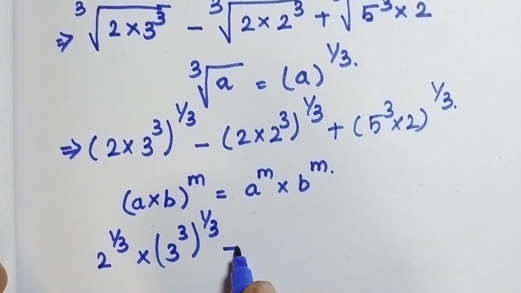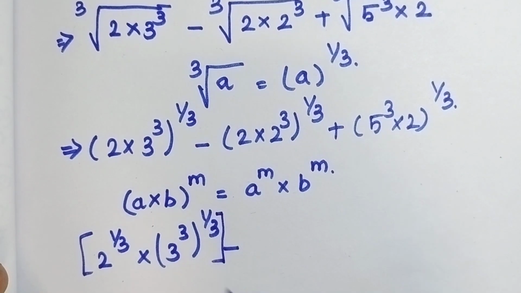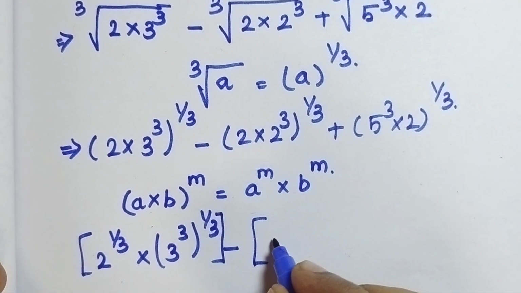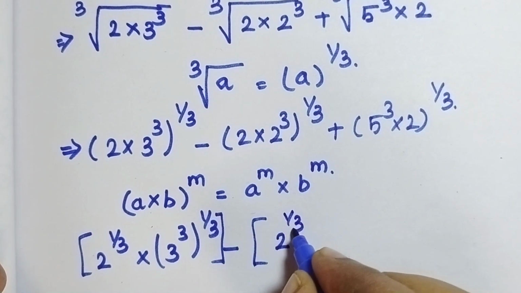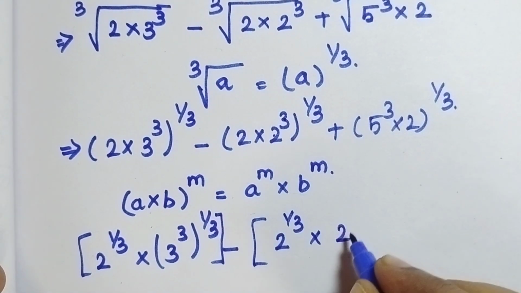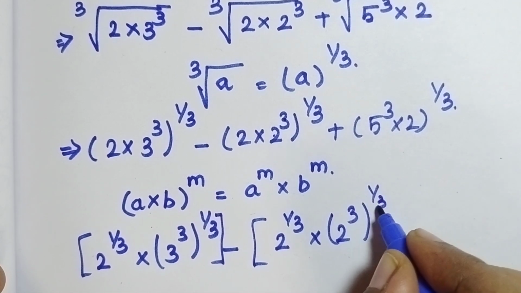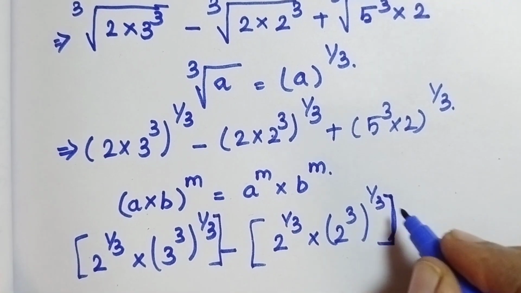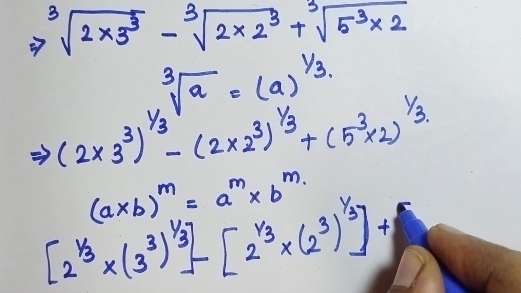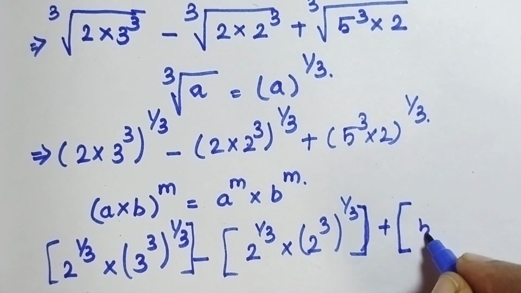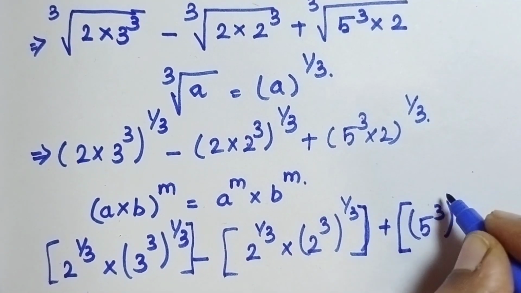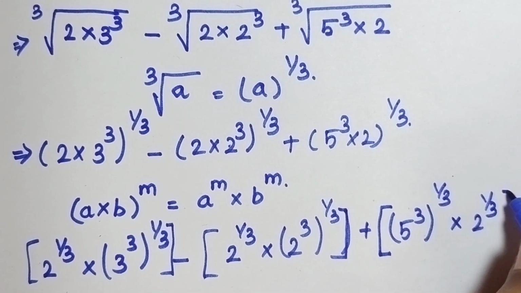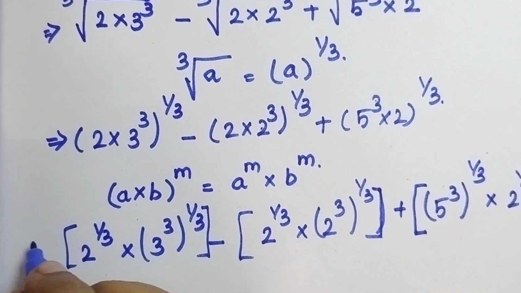Minus, I am going to write this in square brackets for understanding, 2 power 1 by 3 into 2 cube the whole power 1 by 3. Close the bracket, plus, open the square bracket, 5 cube the whole power 1 by 3 into 2 power 1 by 3, and close this square bracket.